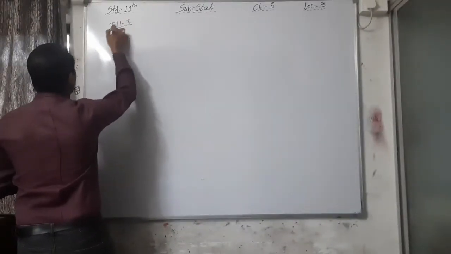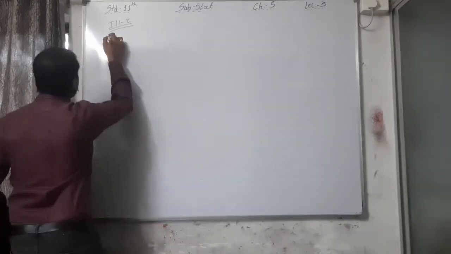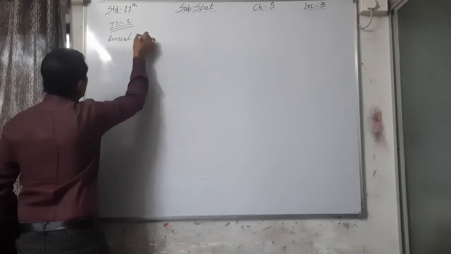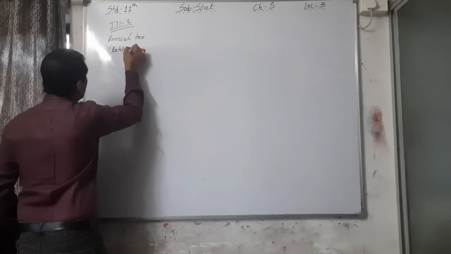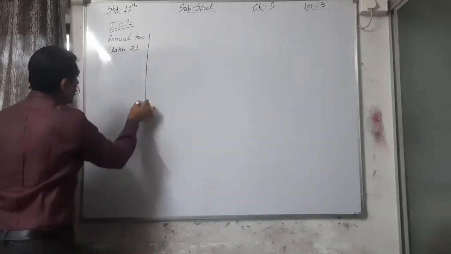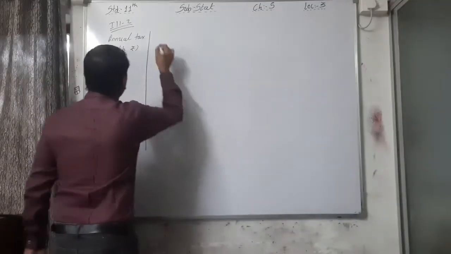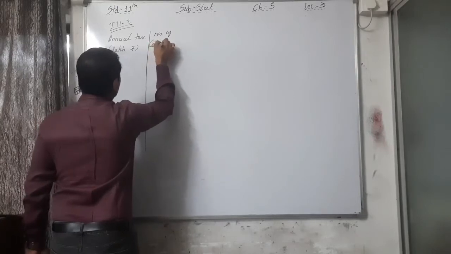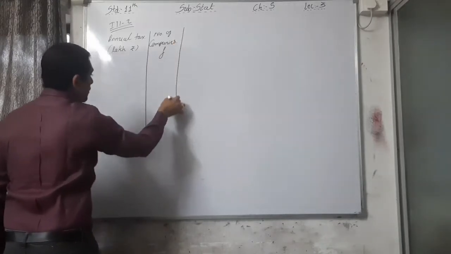Illustration number 2. Annual tax in lakh rupees, then number of companies, that is F, frequency.